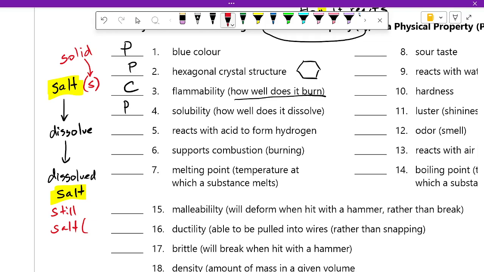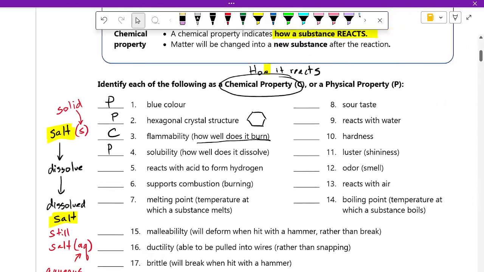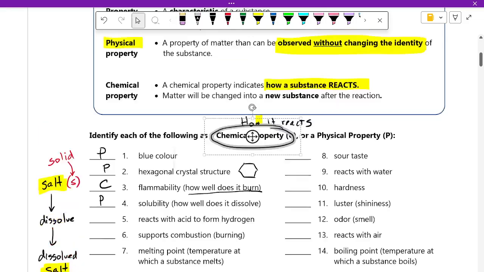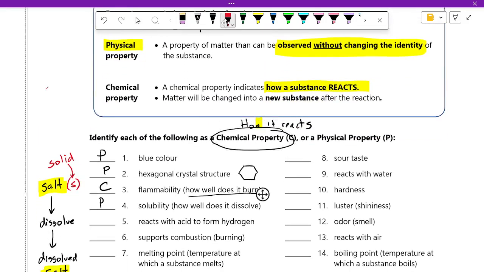Yeah. What state is the salt if it is dissolved? That is aqueous. So dissolved salt is aqueous. Anytime we have had a change of state, okay, so going from solid to aqueous, that's a change of state.